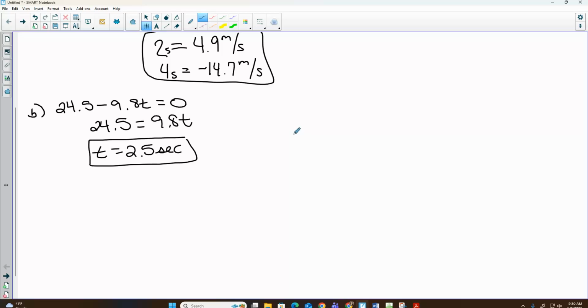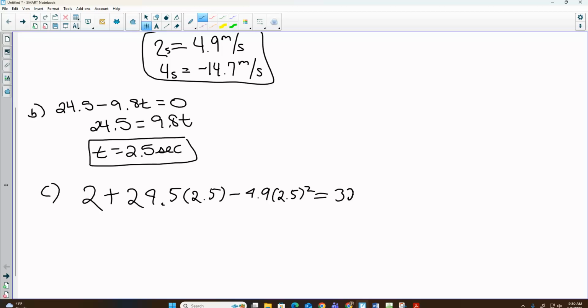You would just plug it in to the original equation, since that was our height function. Good.